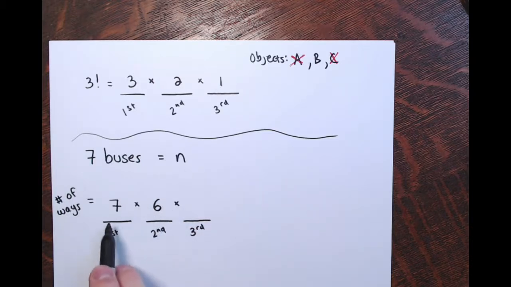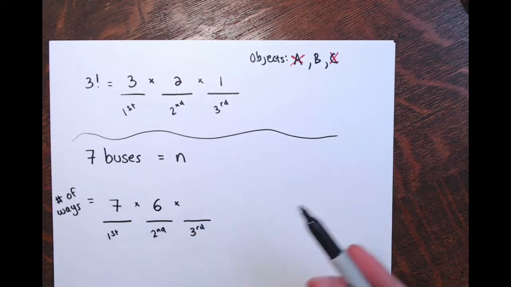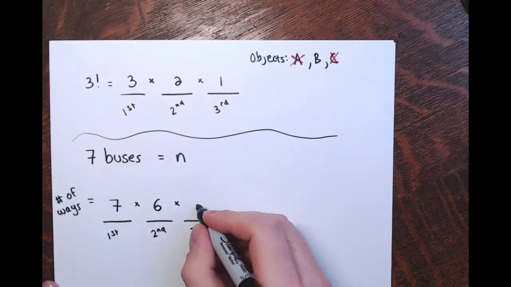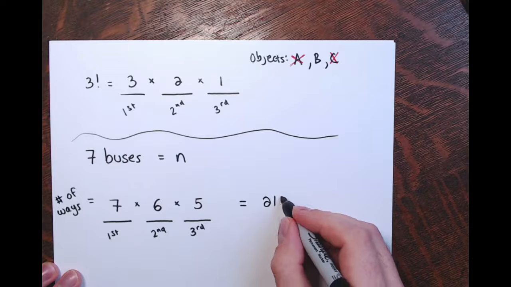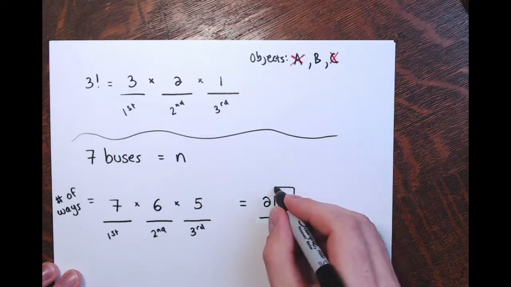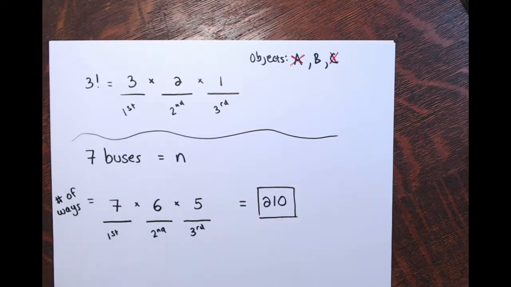Once these first 2 come in, they're off the table, and for the third bus to come in, there are only 5 possibilities. And 7 times 6 times 5 is 210. So you could do it this way with the fundamental counting principle.